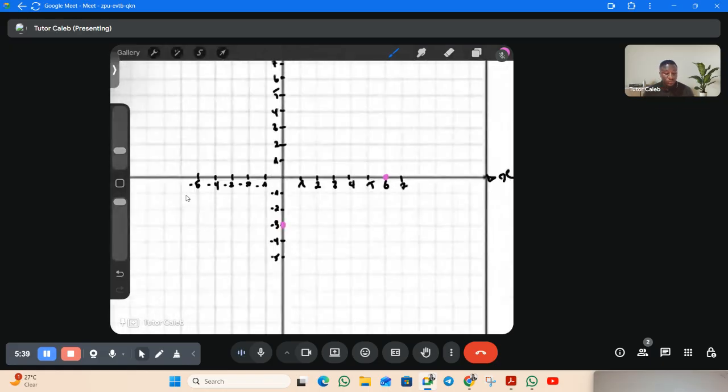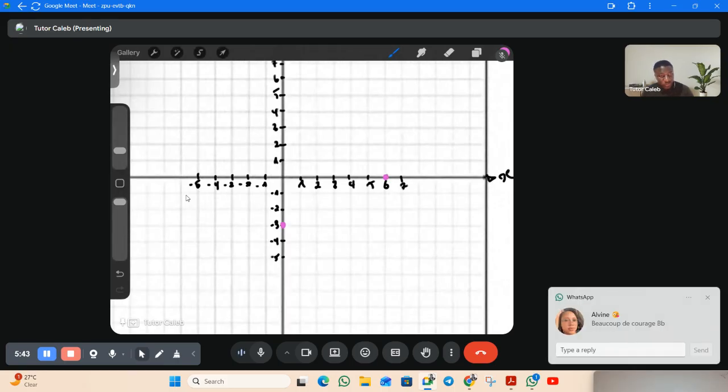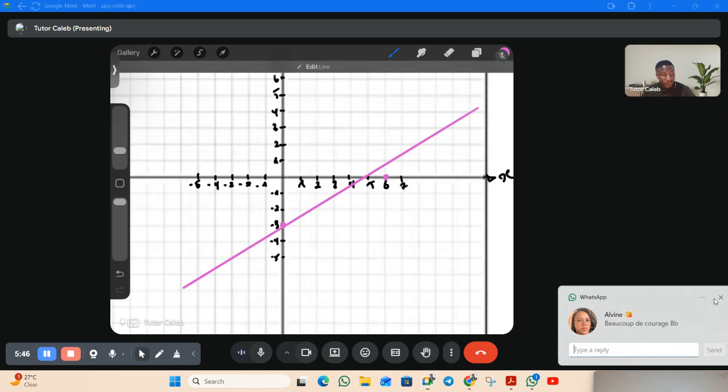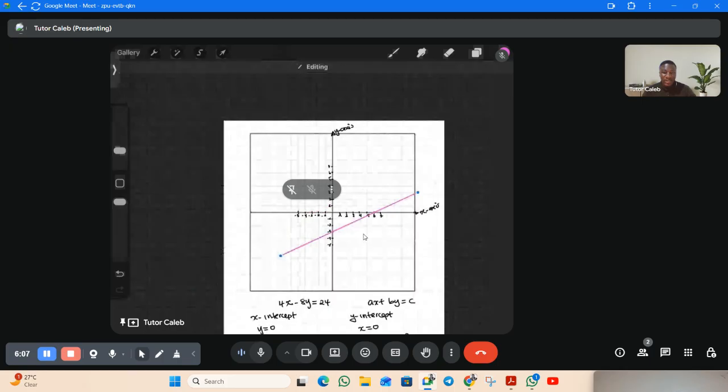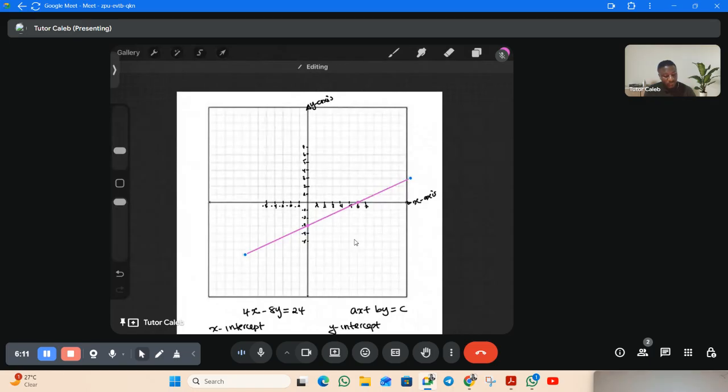So all we have to do is to draw a line that links these 2 points. I'll adjust this line. Perfect.